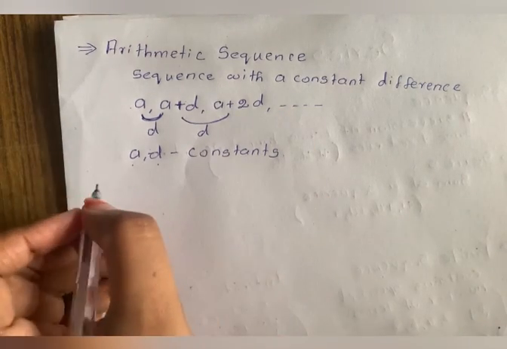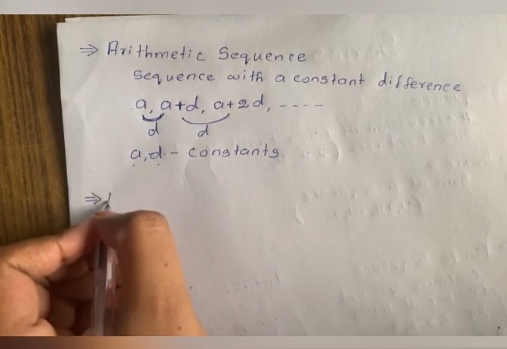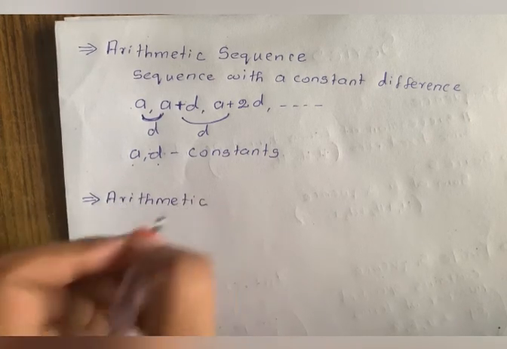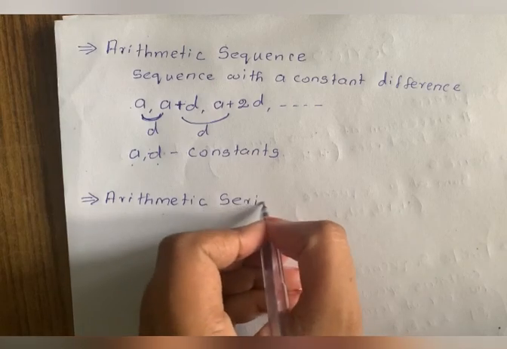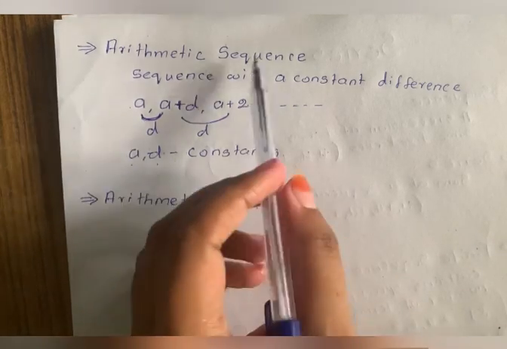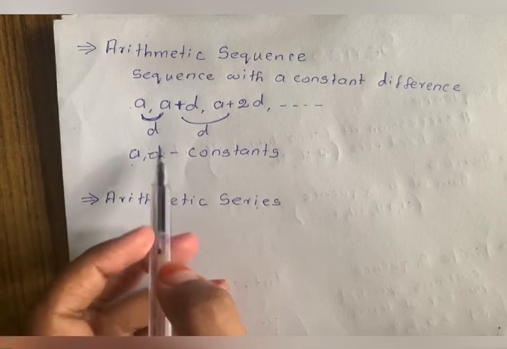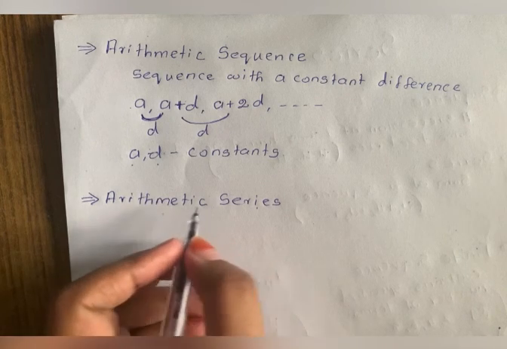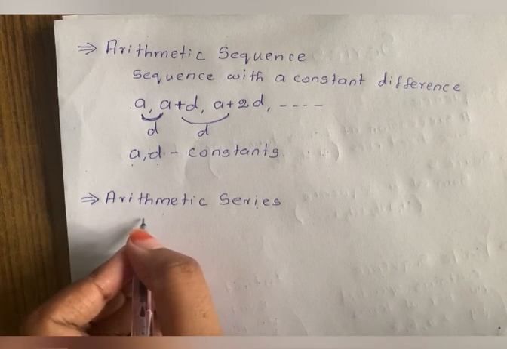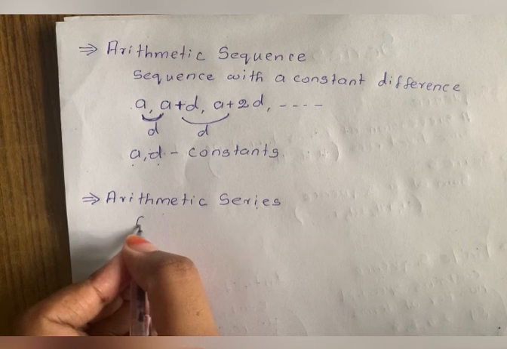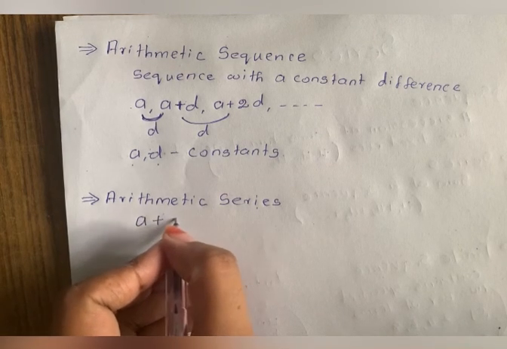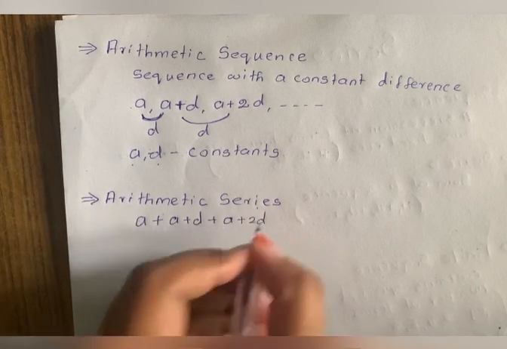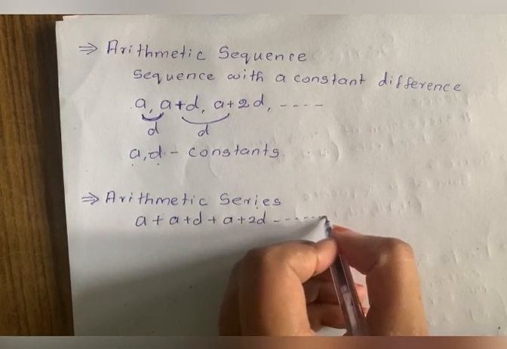From that we get into the arithmetic series. We know the relationship between sequence and series: the sum of the sequence is the series. So if we write the series for the above sequence, it can be written as a plus a plus d plus a plus 2d, and so on.